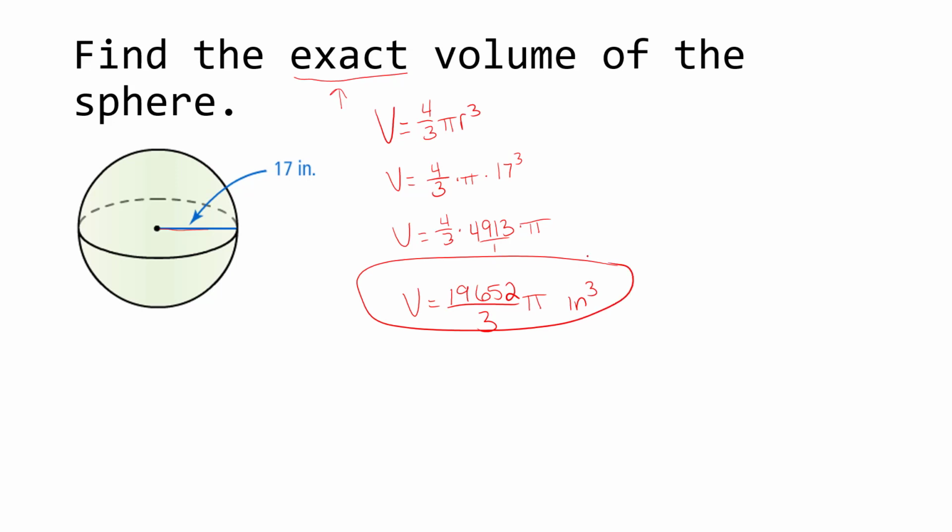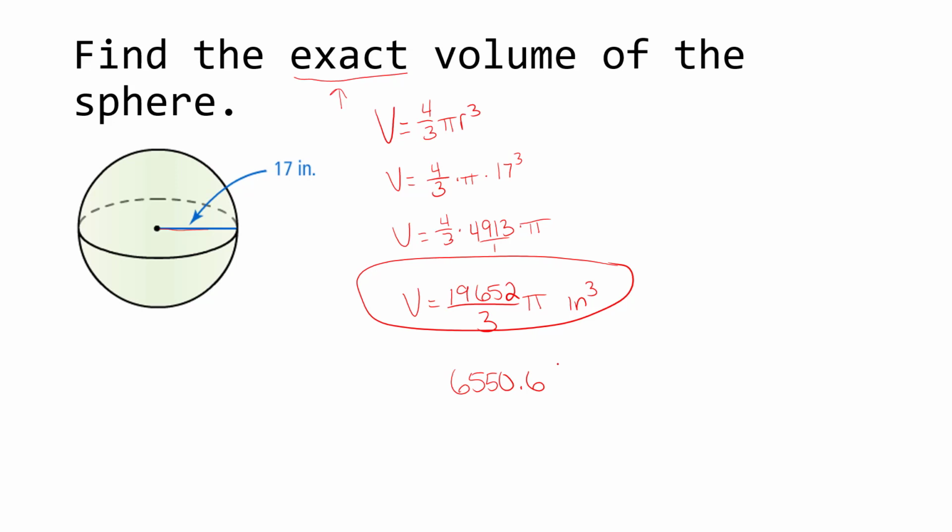Now, yes, you can divide 19,652 by 3 and get a repeating decimal and still represent an exact answer. That would look something like 6550.6. And you'll notice in your calculator you get 6666667.